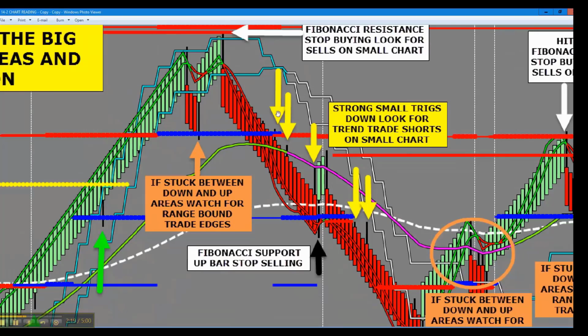You're going to wait for the triggers to break down, be strong below areas, and then you're going to sell the pullbacks with trend trade shorts on your little chart. So you're going to do trend trade short, maybe one more trend trade short, and then you're going to stop because you hit a fib.